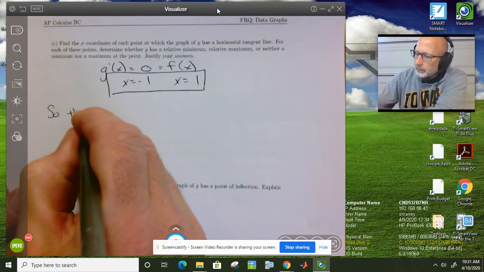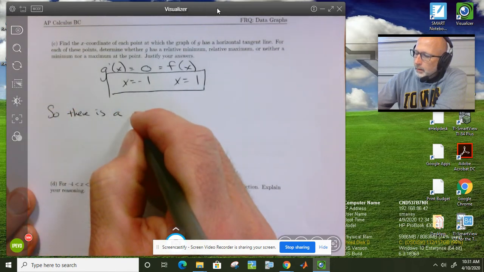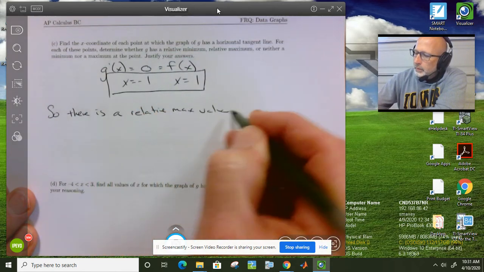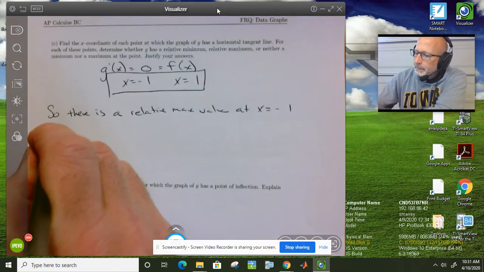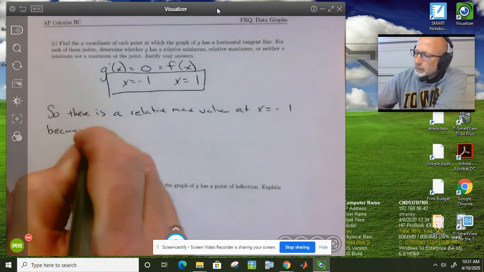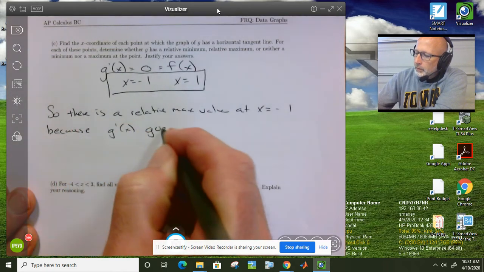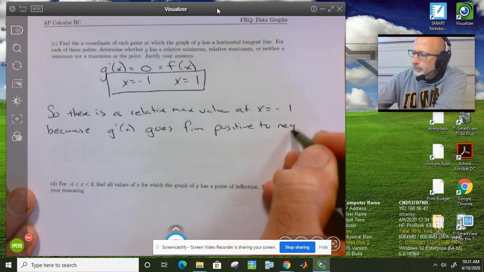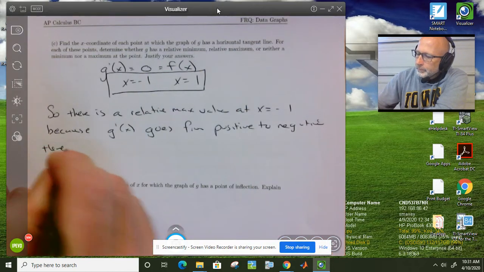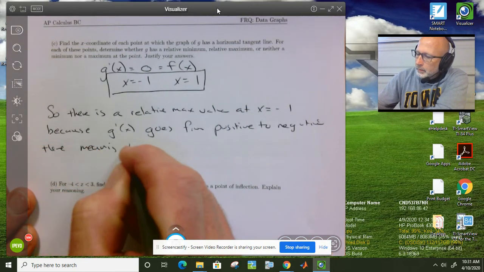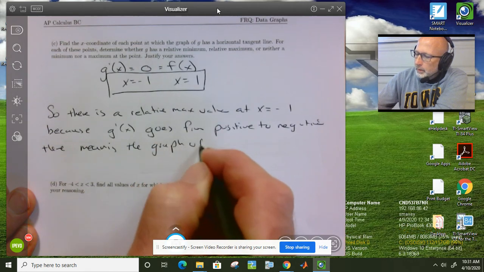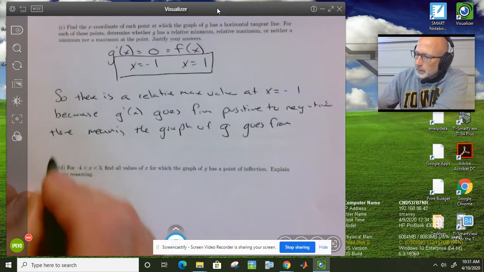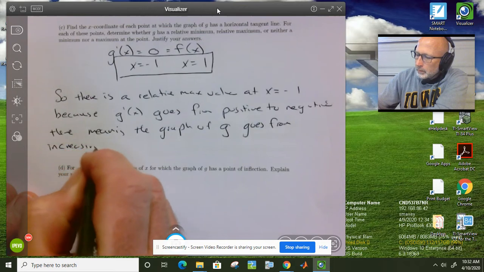So there is a relative max value at x is equal to negative 1 because g prime of x goes from positive to negative there, meaning the graph of G goes from increasing to decreasing.